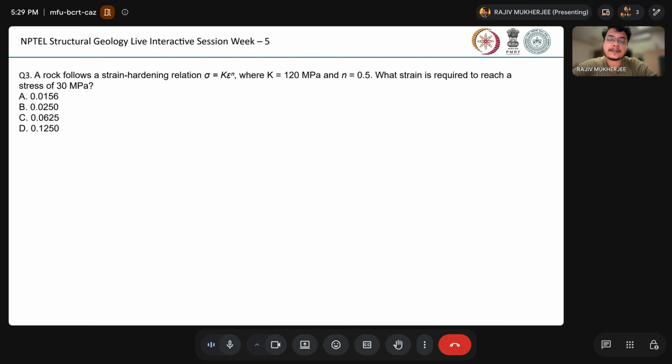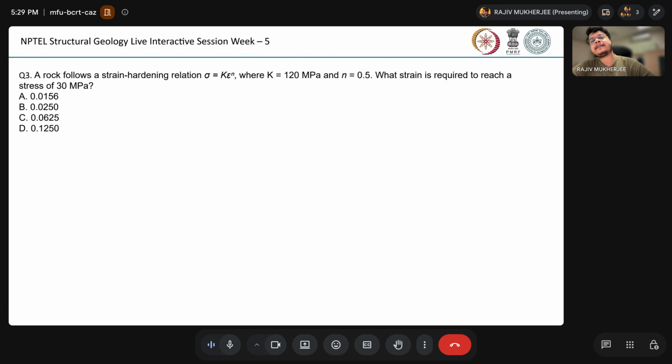And if there is no change in the stress post yield, if the stress remains more or less constant and you do not need further enhancement in stress to accumulate permanent deformation inside the material, that behavior is called ideal plastic deformation.